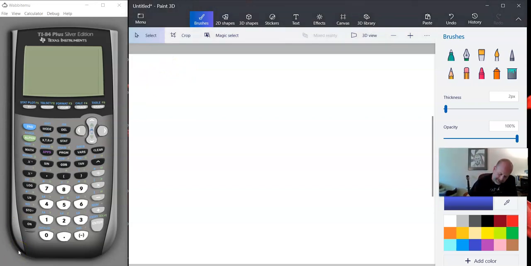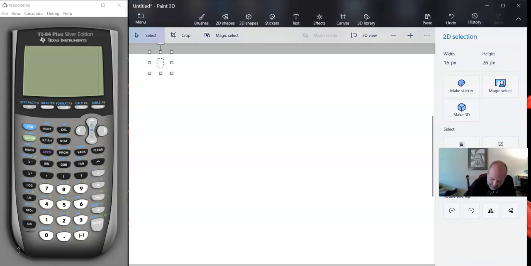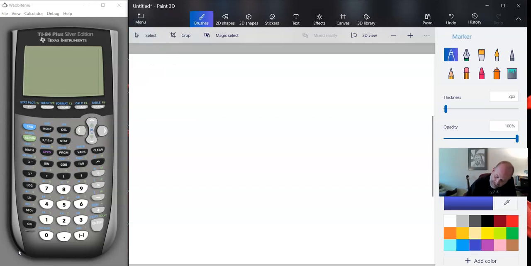Okay, so first example, suppose you have $12,000, and you want to invest it.